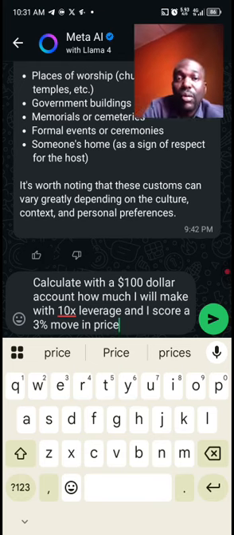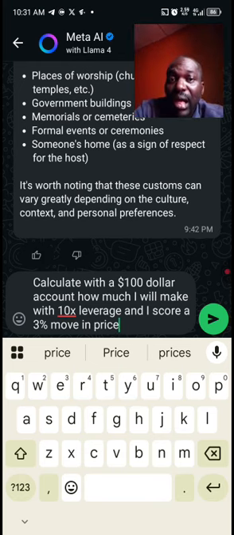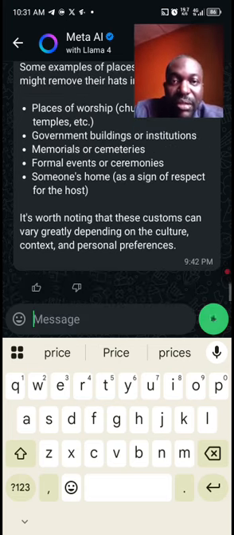Okay, so the question we're going to ask Meta AI is, calculate with a $100 account, how much will I make with 10x leverage and I score a 3% move, which means price moves in my favor 3% in price. So let's see what Meta AI is going to respond.